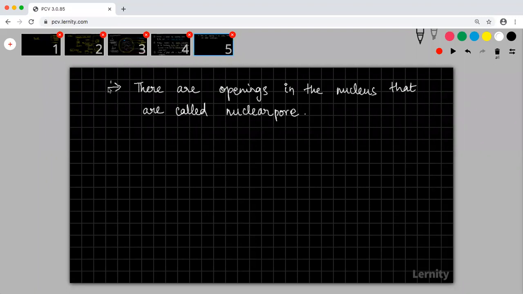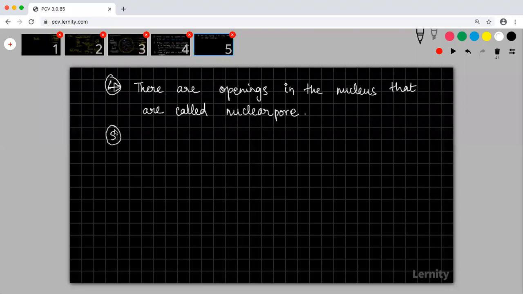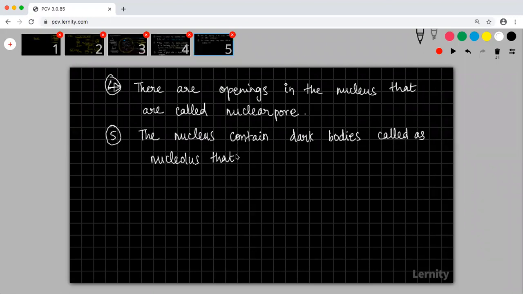This is the fourth point, and the fifth point: the nucleus contains dark bodies called nucleolus that is responsible for producing ribosomes.